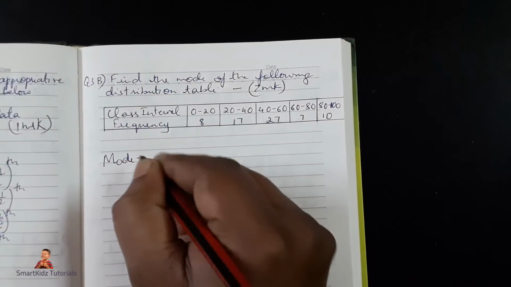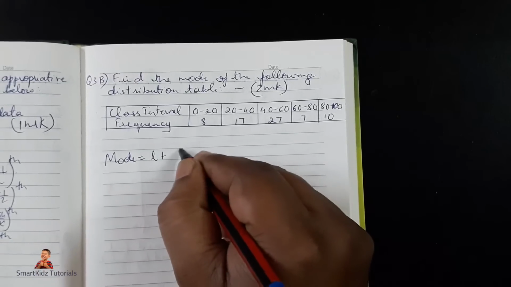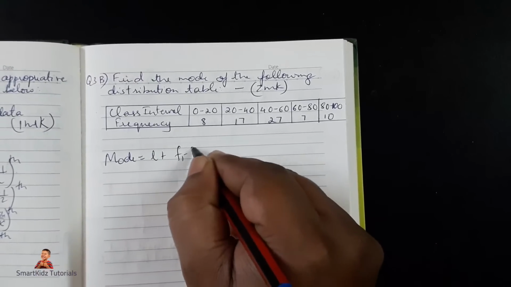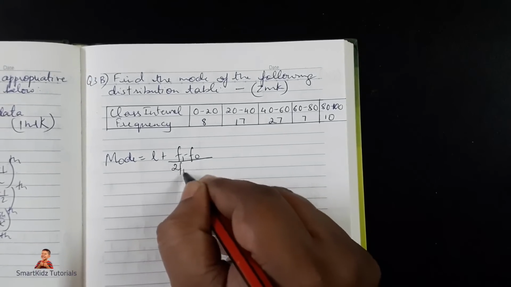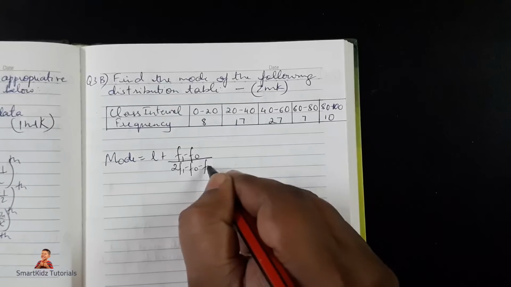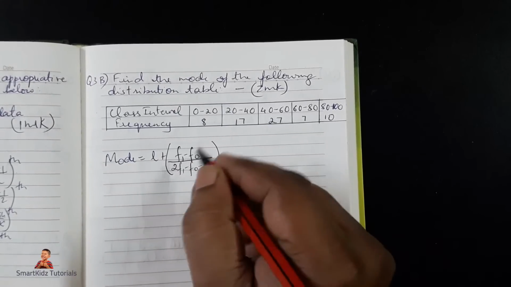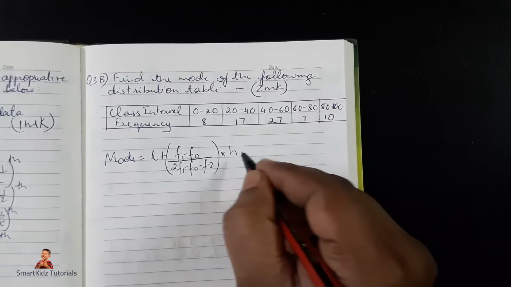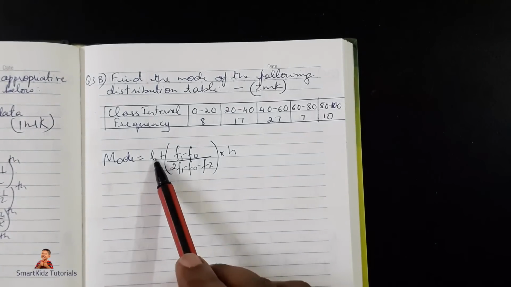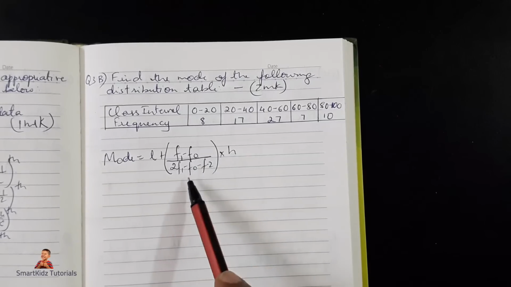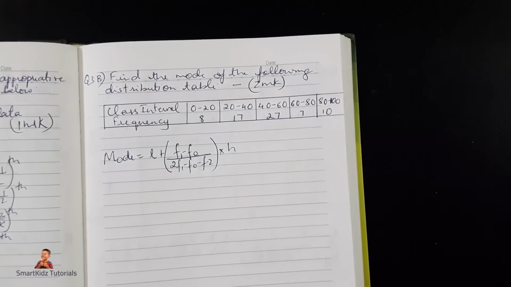Mode equals L plus F1 minus F0 whole thing upon 2 F1 minus F0 minus F2, this is in brackets, into H. Okay. So now we need to find out what is L, F1, F0, F2 and H. So we'll do just that.